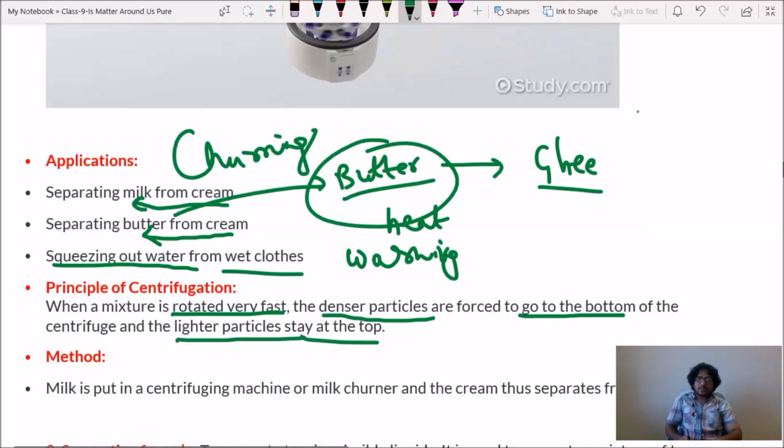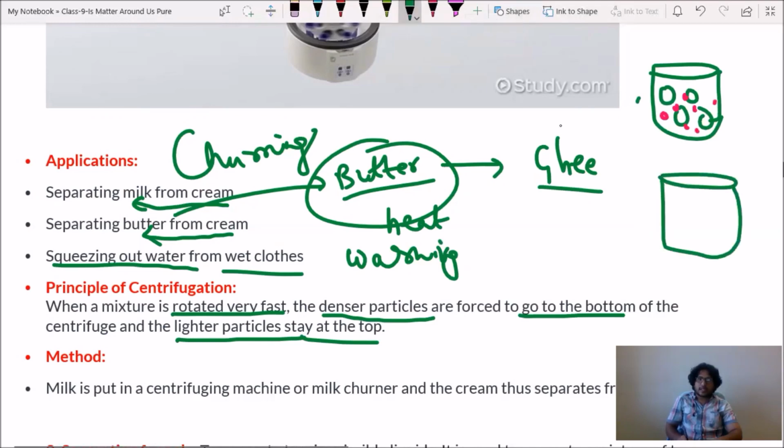Consider a solution with high dense particles and low dense particles. When it is centrifuged, after some time you can observe in the beaker that all heavy particles settle at the bottom and all light particles settle on top.